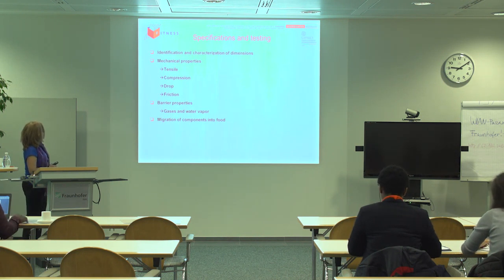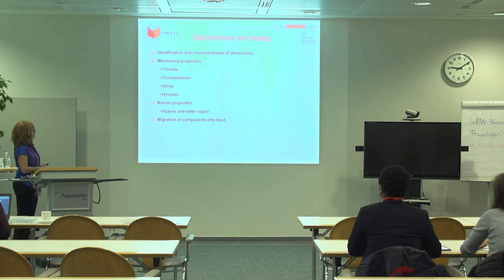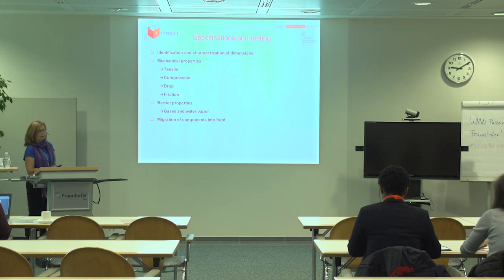And we need to take care of how to identify the material and characterize the dimensions of the packages. Then we have a set of mechanical properties like tensile, compression, and drop, resistance to drop, especially in larger packages, can be important, and friction.